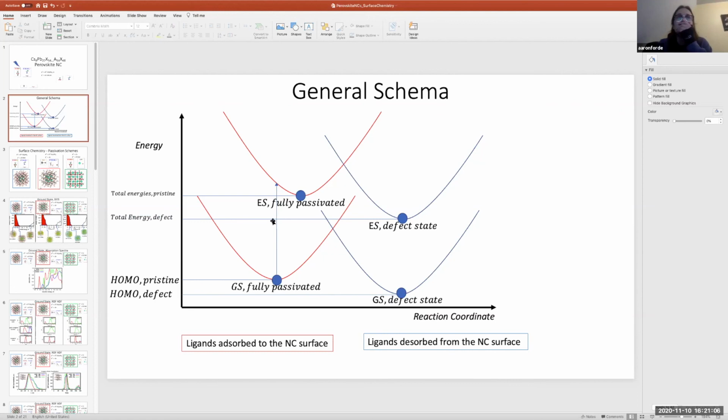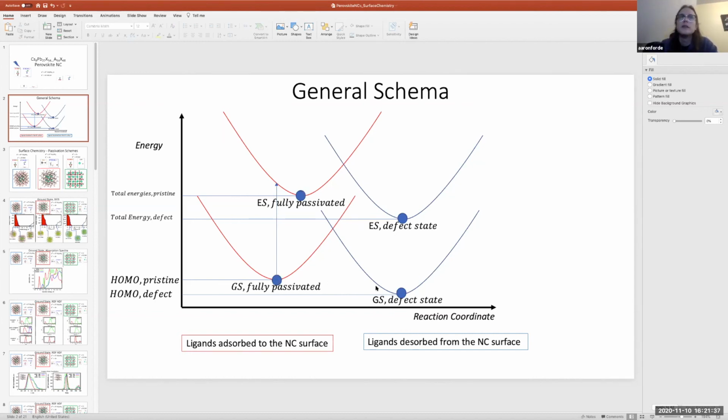So essentially what I'm doing is computing total energies for different electronic configurations and configurations of defects on the surface of my model.